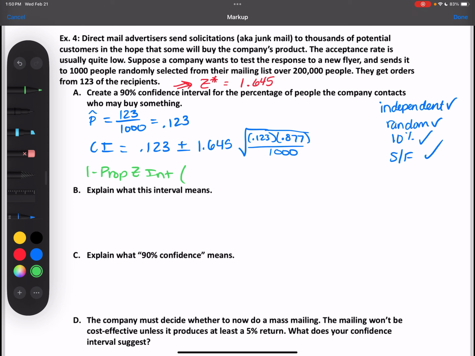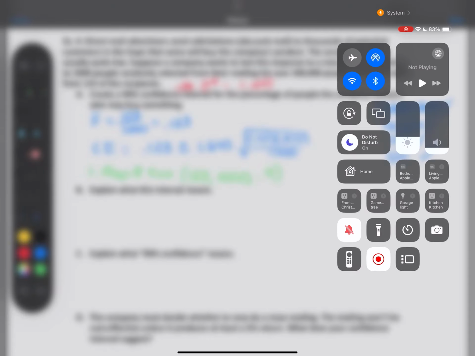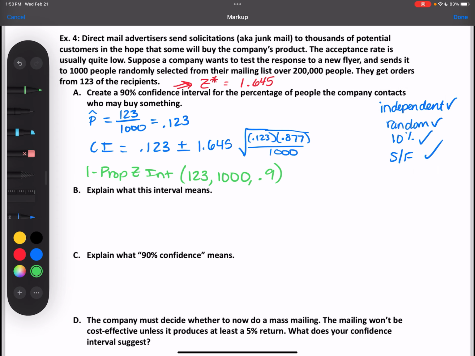And it's going to be for 123, 1,000, and 0.9 for 90% confidence. One prop Z interval, not the Z test.